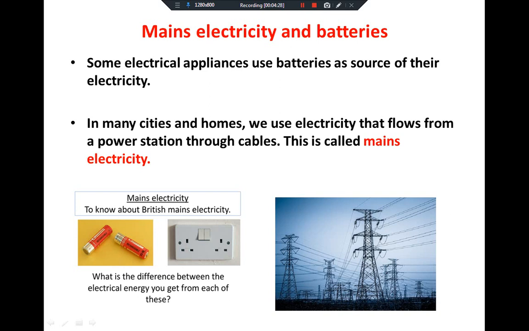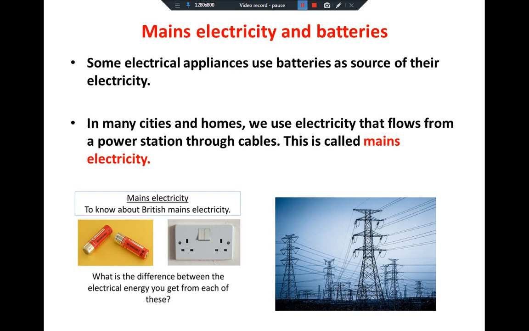At our homes, we don't use batteries to make our appliances work. What we use is mains electricity. We use the plug, any source that comes from mains electricity, in order to make our home appliances work.